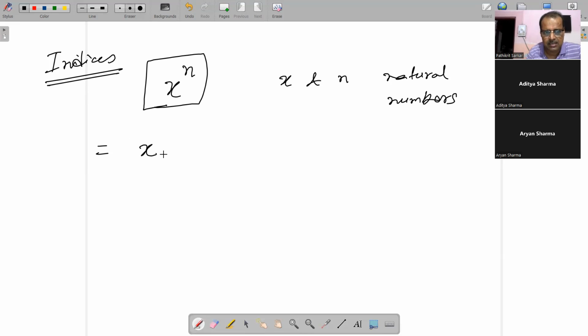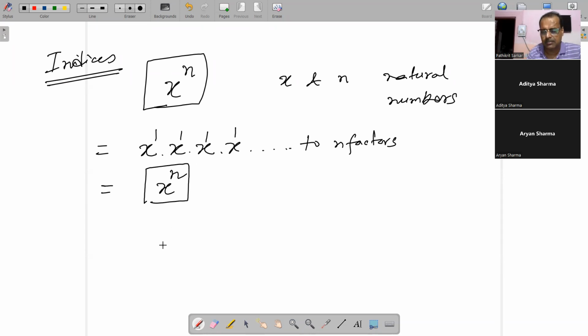That means x into x into x into x, and so on, up to n factors. If we add the powers of those factors, it is 1, then 2, then 3, then 4, up to n. So this is the way x to the power n comes.